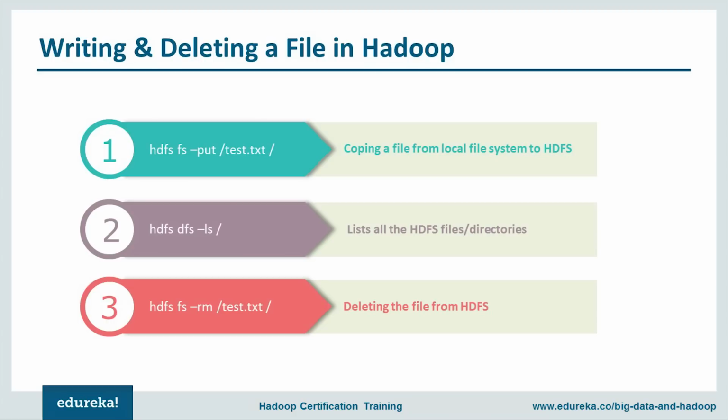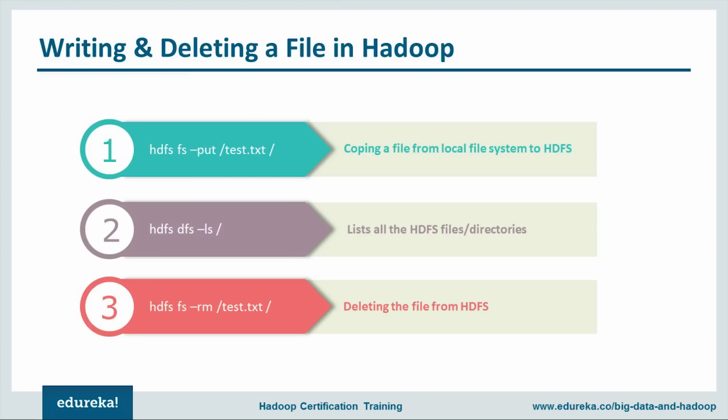So these are a few commands that you can use to write or delete a file in Hadoop. If you want to copy a file from your local file system to your HDFS, you use this command, hadoop fs -put, and this is the name of your file. You have to type the proper path of the file so that you can copy it to HDFS. You can also mention the destination folder in HDFS where you want to copy it. If you leave it blank, it will copy to the master directory in Hadoop.